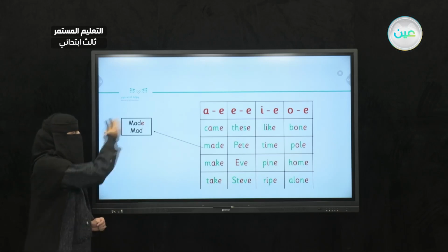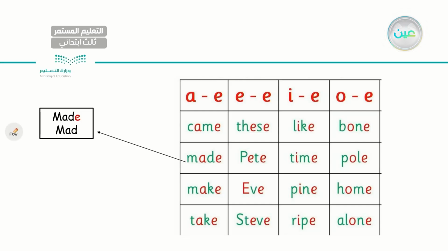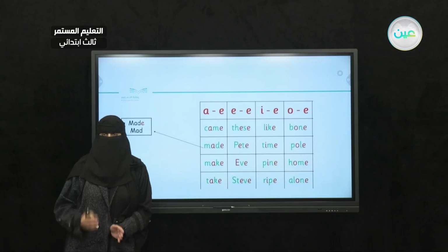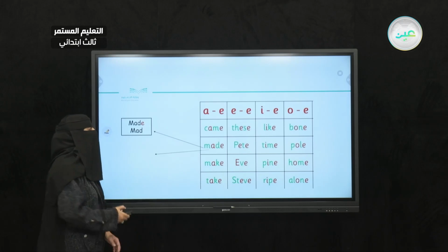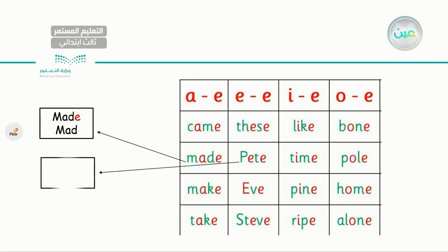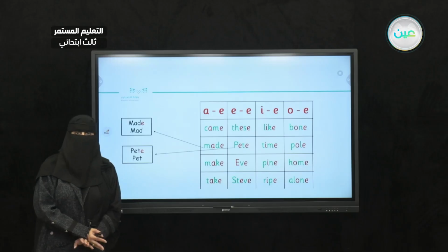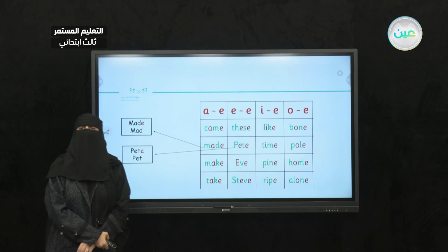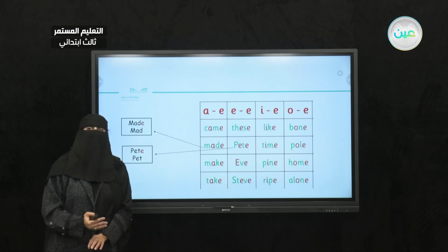Now let's move to the next one. These, beat, Eve, Steve. All of these are considered long E. Now let's take beat, for example, and remove the last letter E. Beat, long E, pet. Pete, pet.